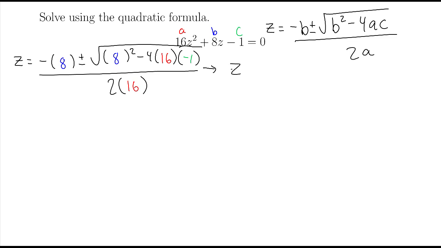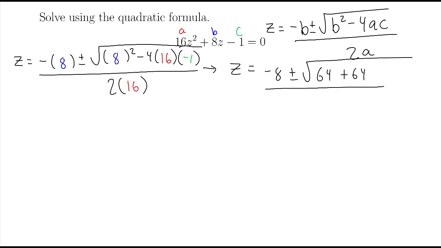Okay, well that's good. Negative 8 is, of course, just negative 8, plus minus square root 8 squared is 64. Negative 4 times 16 is going to be negative 64, times negative 1 is a positive 64. So it becomes plus 64. 2 times 16 is 32. Okay, good.